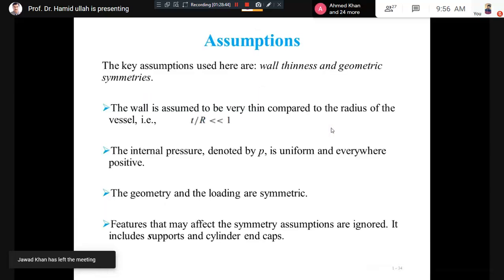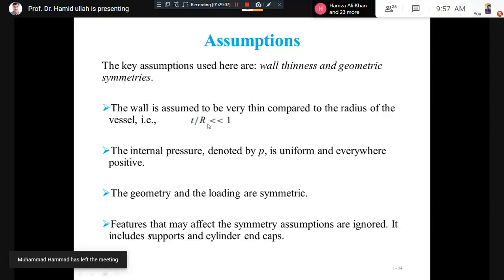Assumptions. Number one, there are two dimensions: one is thickness, small t, and one is radius, r. Since we are talking about a thin wall cylinder, the thickness is very, very small compared to the radius. That's why they are called thin wall pressure vessels.